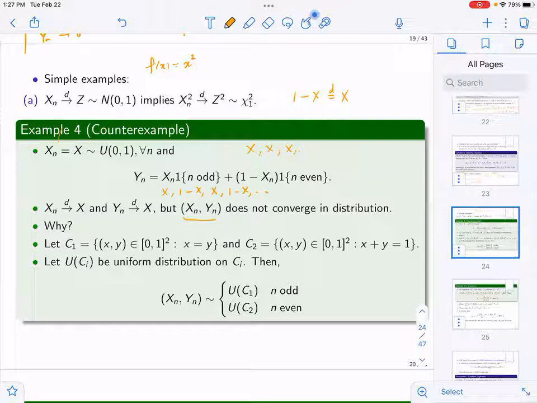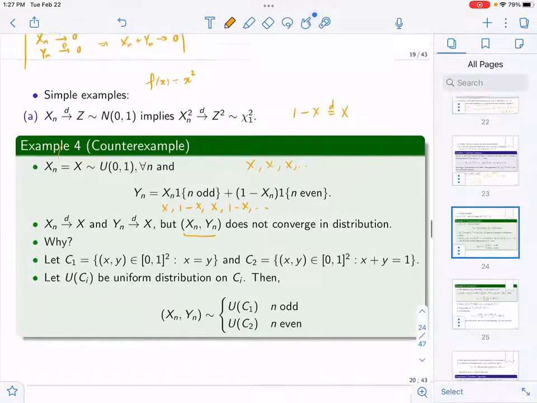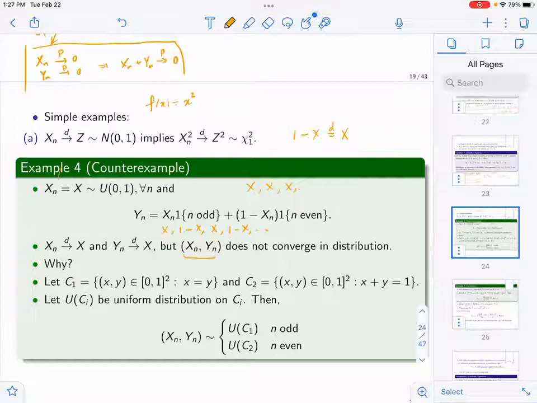So x_n and y_n does not converge in distribution. It actually doesn't converge to anything in distribution. Any idea why? We could use our expectation definition.